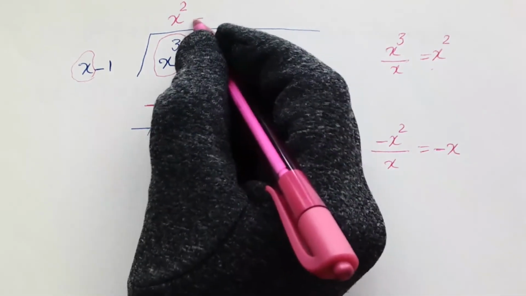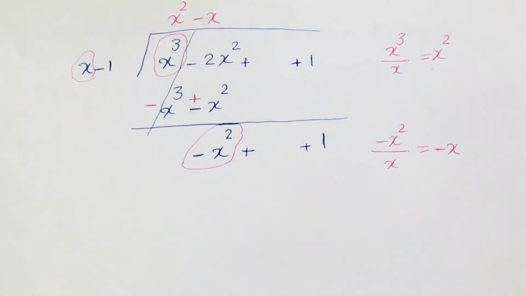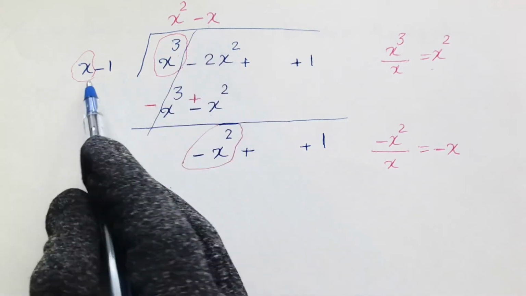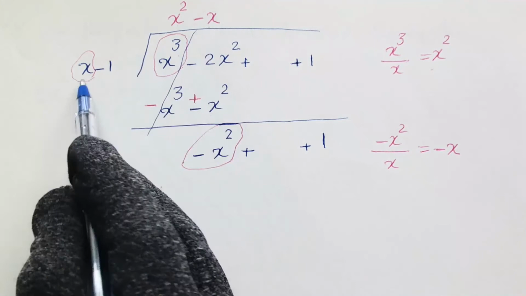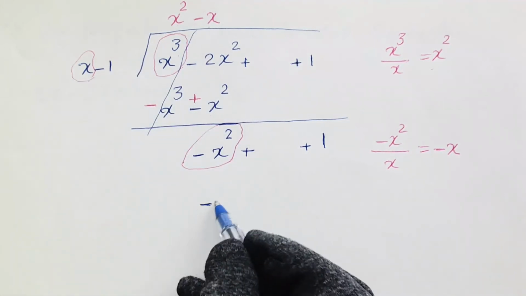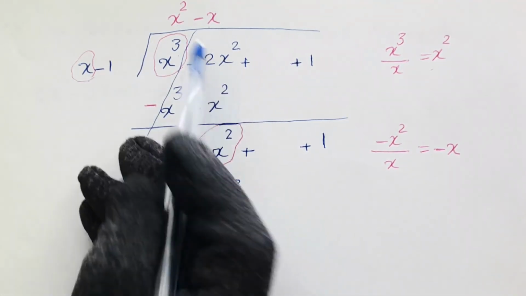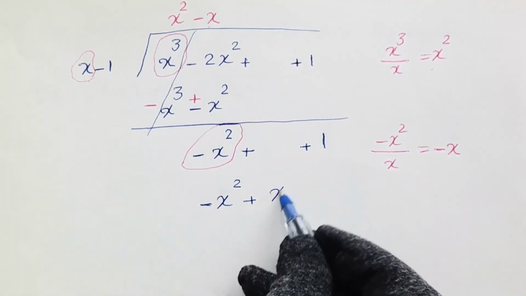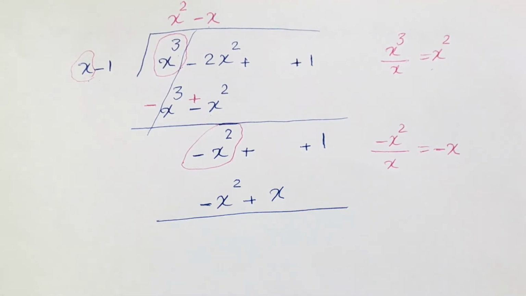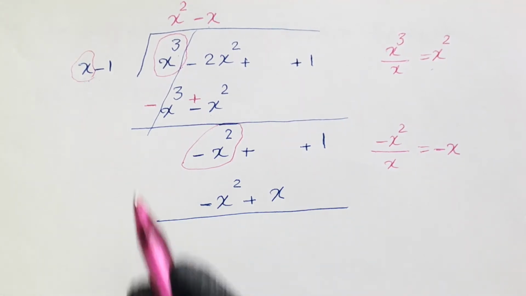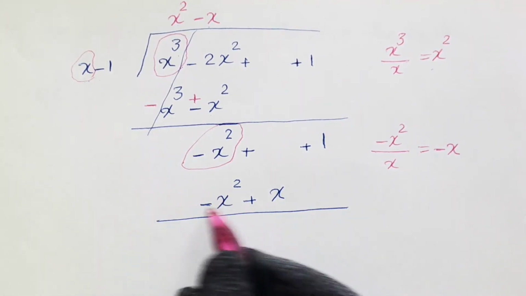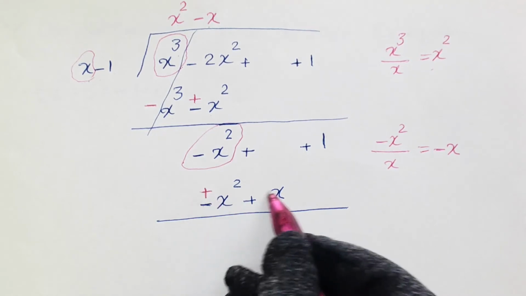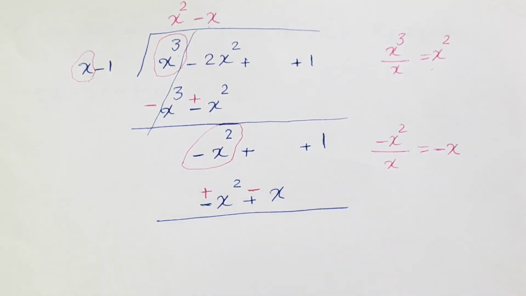This negative x is the new term of the quotient. Now I multiply negative x by the divisor. Negative x times x is negative x squared. Negative x times negative 1, negative times negative, is positive x. The same as the step before, we switch all signs, negative to positive, positive to negative.